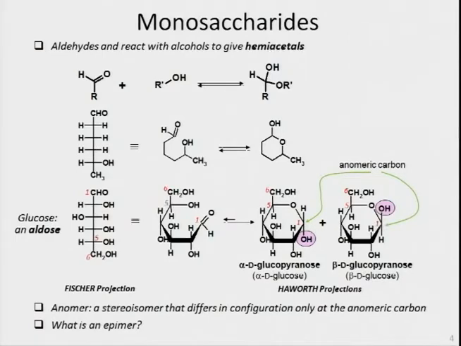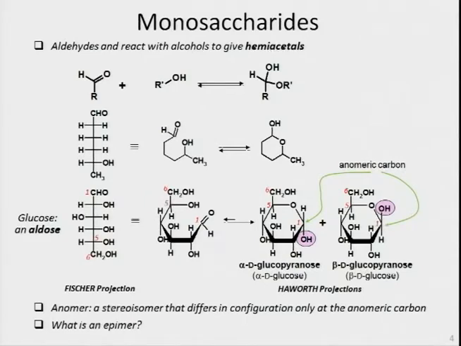How you interpret a Fischer projection is that the substituents on either side, to the left and the right, come toward you, and the ones on the top and the bottom go away from you. And there's no atom that's in the plane of the screen, as it were.